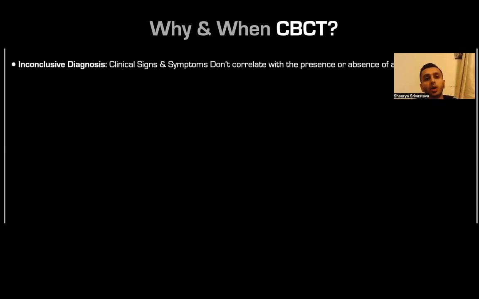When we look at the ESE position statements, all of them talk about an inconclusive diagnosis, which is fair, because we do not get a conclusive diagnosis in a lot of cases when we deal with 2D radiology. So why and when CBCT? When you have an inconclusive diagnosis, so if you have clinical signs and symptoms that do not correlate with the presence or absence of a periapical lesion, for example.